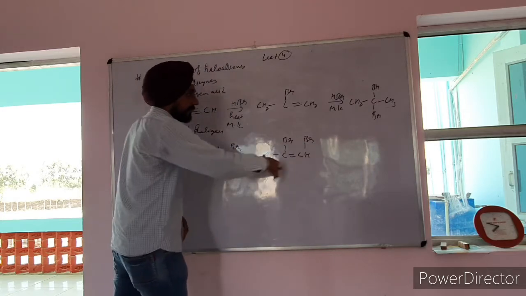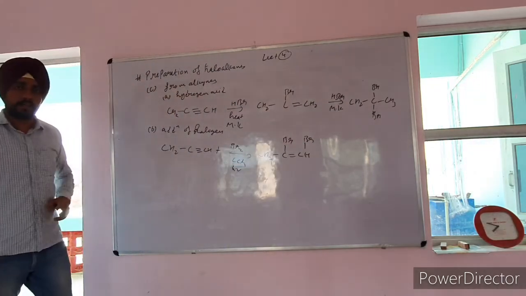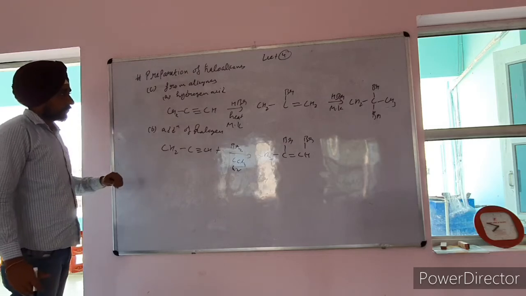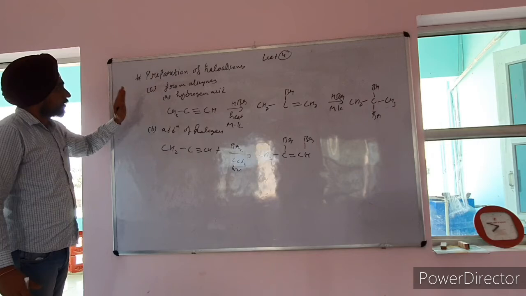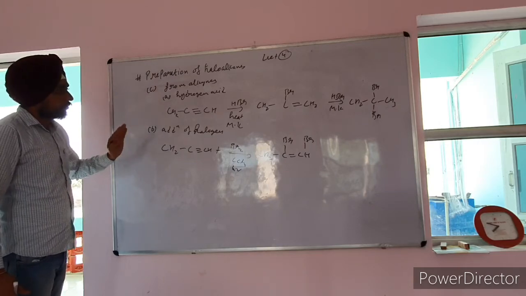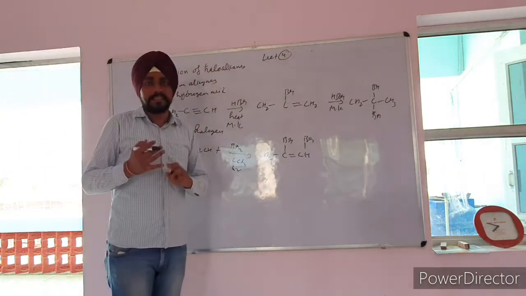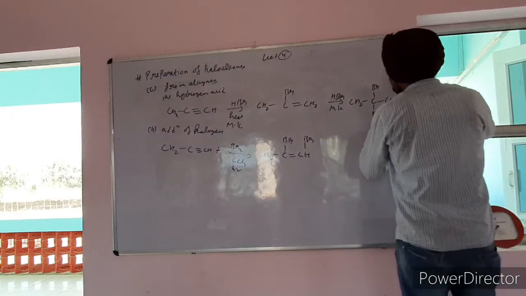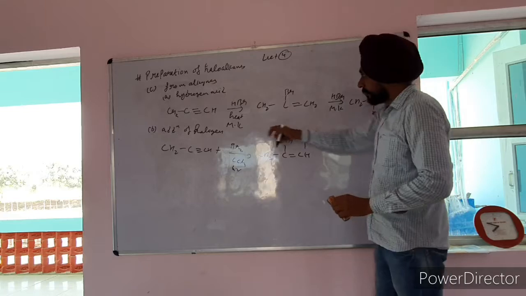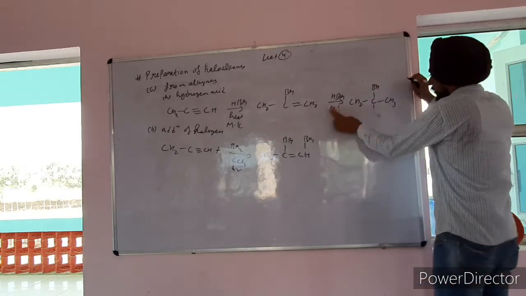And this will proceed like the alkene reaction. This is all the preparation of haloalkanes from hydrocarbons. We did it with alkenes and alkynes. It is easy to learn by the Markovnikov rule or stability.